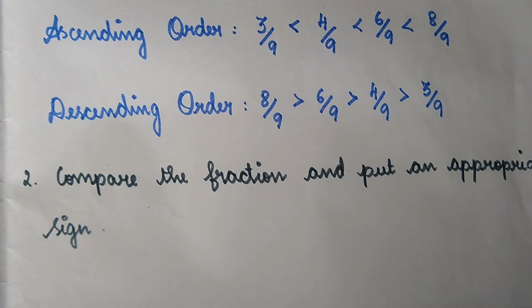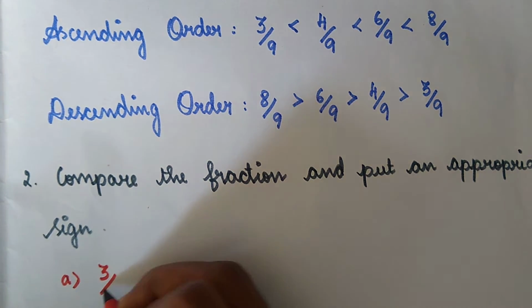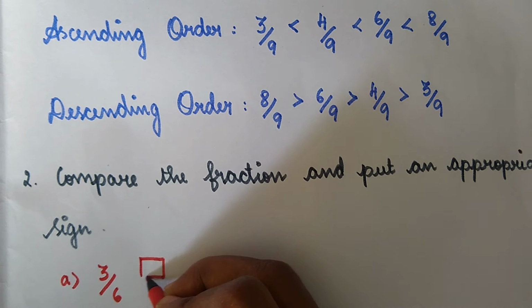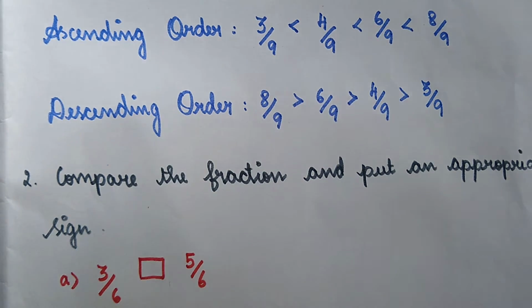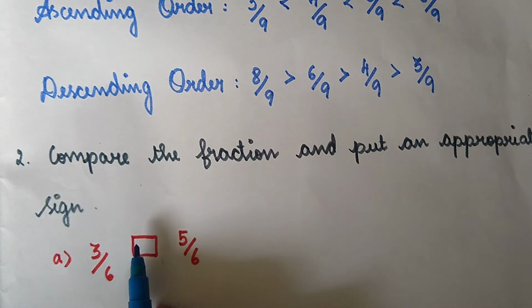Then we take subdivision A: 3 by 6 and 5 by 6. Compare the fractions and put an appropriate sign.